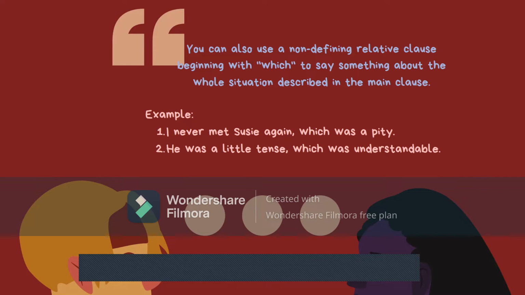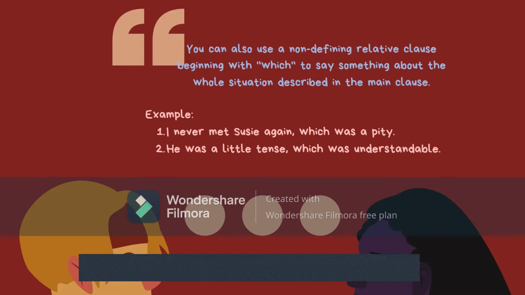And which was a pity is extra information about the main clause, which was I never met Susie again. So these help us to express more about the whole situation that we were describing before.